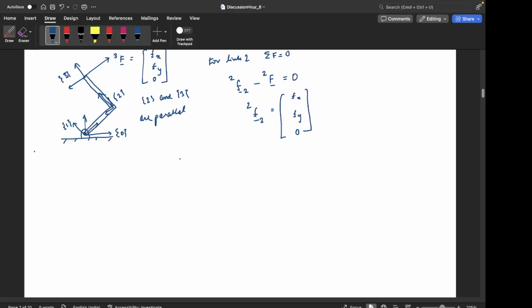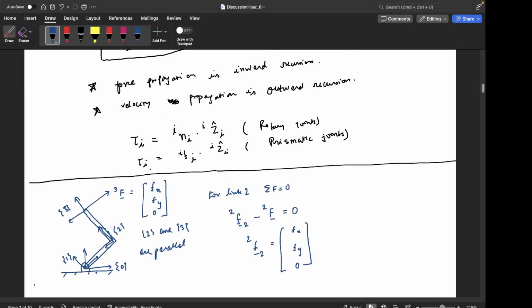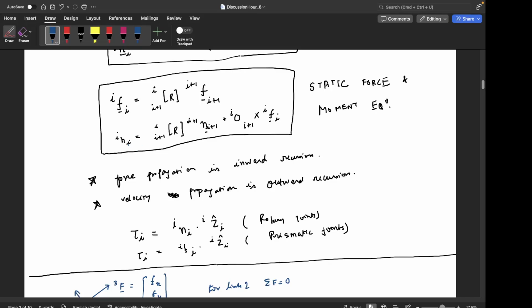Now we have the force F22. Now the moment. So what was the equation for the moment? This is 0, right? Because we don't have any moment at the end effector, and then we'll just have the second term.